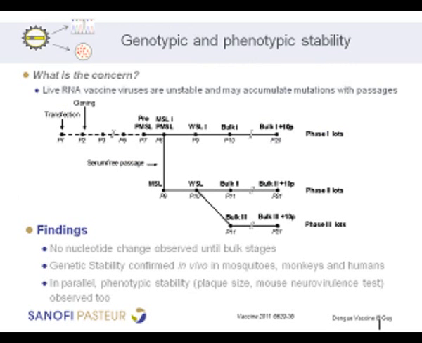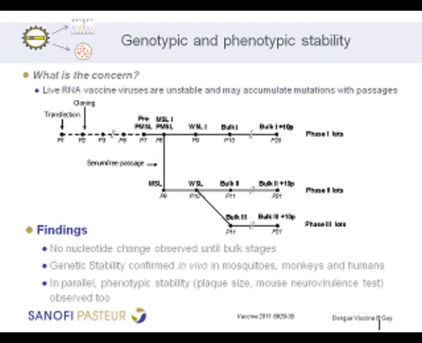Now, as I've mentioned, flavivirus has a positive sense RNA genome. This is duplicated by RNA replicase, which is error-prone. Mutations are unavoidable, and so it's important to determine the genotypic and phenotypic stability.